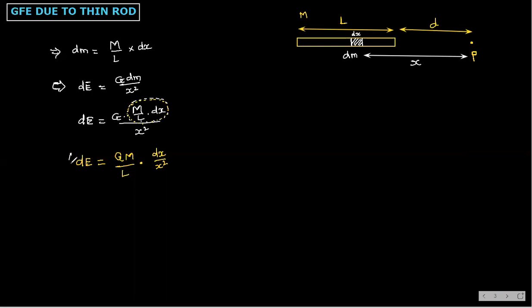So integrating on both sides, from d to d plus L. From this point it is d and till this end it is d plus L. Summation of all small gravitational fields is the total field E, which equals G, M, L constants taken out of the integration, into dx by x square.